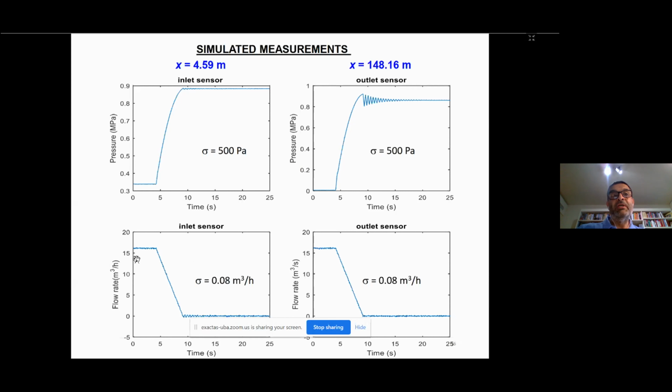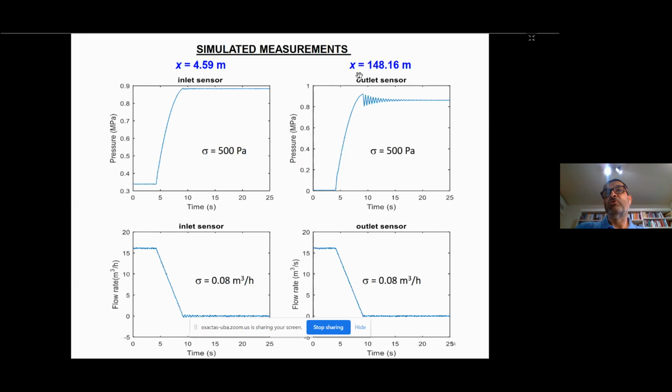We can see in those figures for the flow rate the closure of the valve, when the flow rate becomes 0 after 5 seconds, that the valve was closed. Because of the closure of the valve, we have an increase in the pressure that eventually reaches the pressure imposed by the pump.